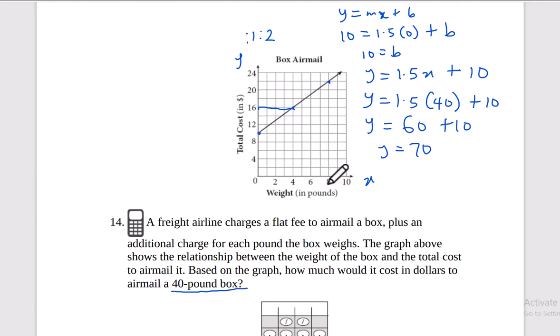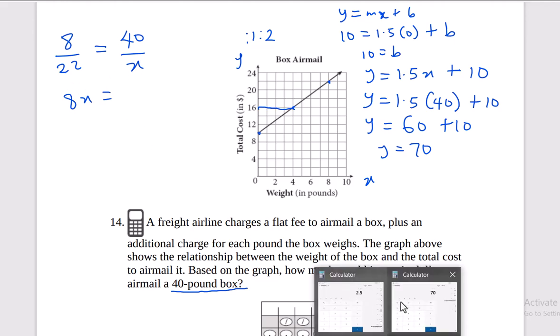So let's see. If 8 pounds is costing $22, then 40 pounds is costing what? We don't know, right? So cross multiply: 8x is equal to 40 times 22. Divided by 8.